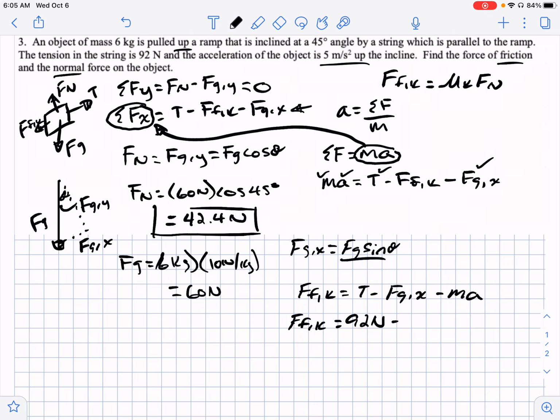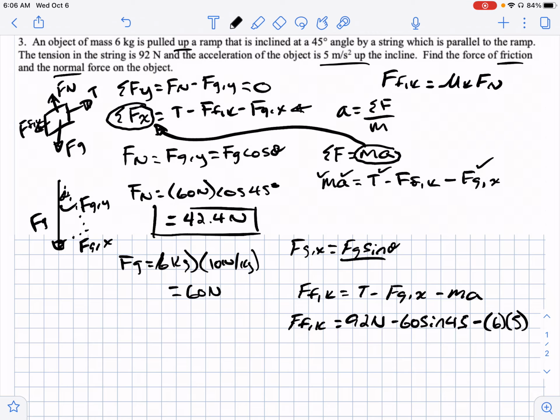So it's going to be 60 sine 45, oh sorry, sine 45. There we go. And then minus the mass of the object, which is 6 kilograms, and then the acceleration of the object, which was 5 meters per second squared.